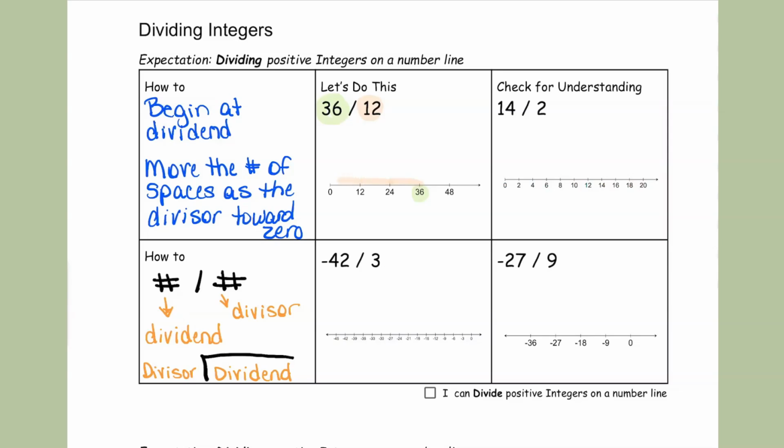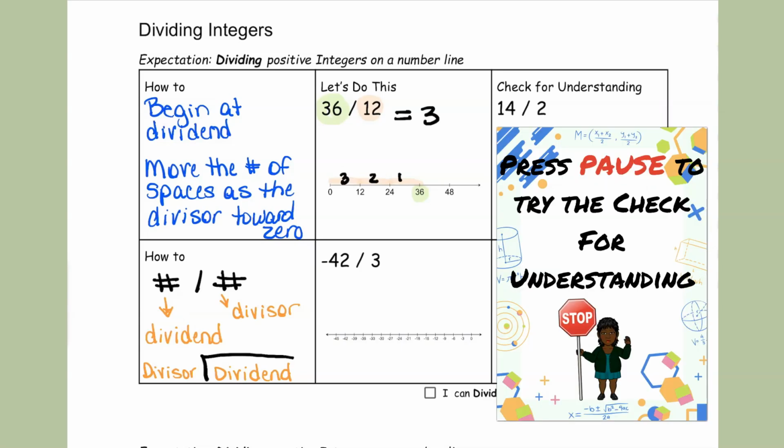So how are we getting to 0? We're going down 12 once, down 12 a second time, and down 12 a third time. So we had to move away from 36 towards 0 in increments of 12 3 times in order to reach 0. That means our answer here is 3.